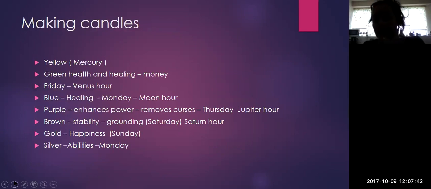Making candles, yellow is Mercury. So remember, they've got the planetary hours and stuff like that. That's why it's very important to get the Google calendar. You can actually put it into Google and come up with, I'll check which one it is. It's amazing. It checks your planetary hours and it actually tells you everything what to do.